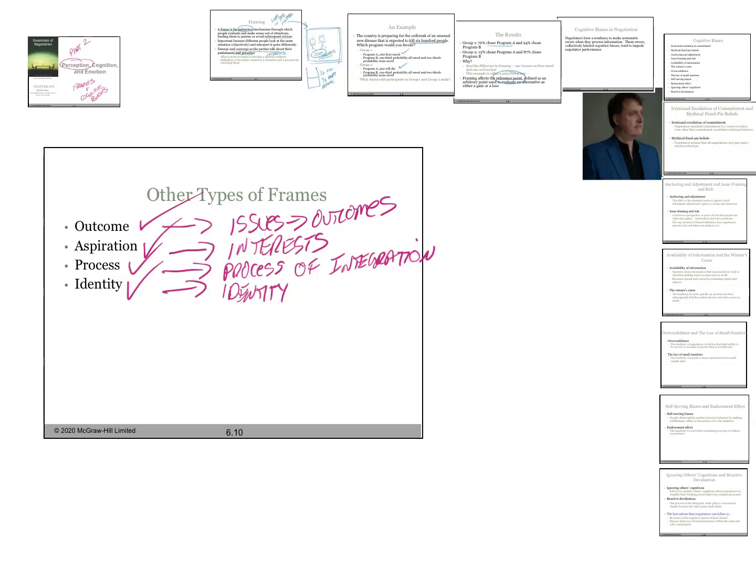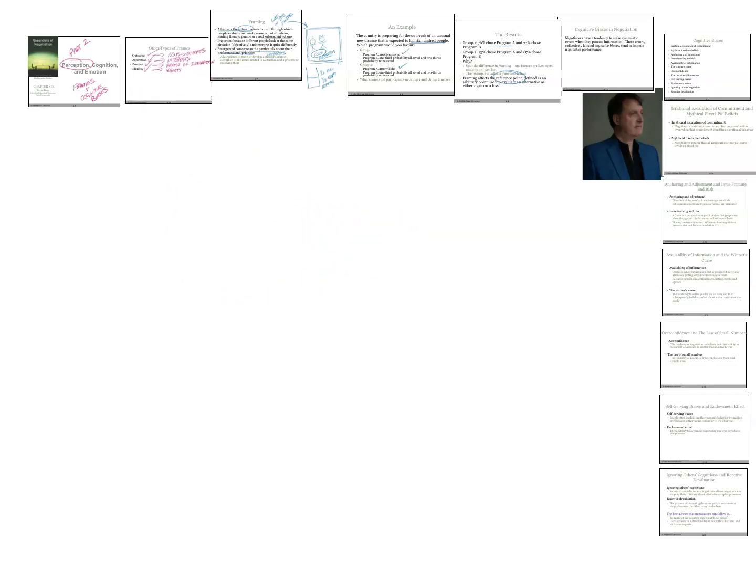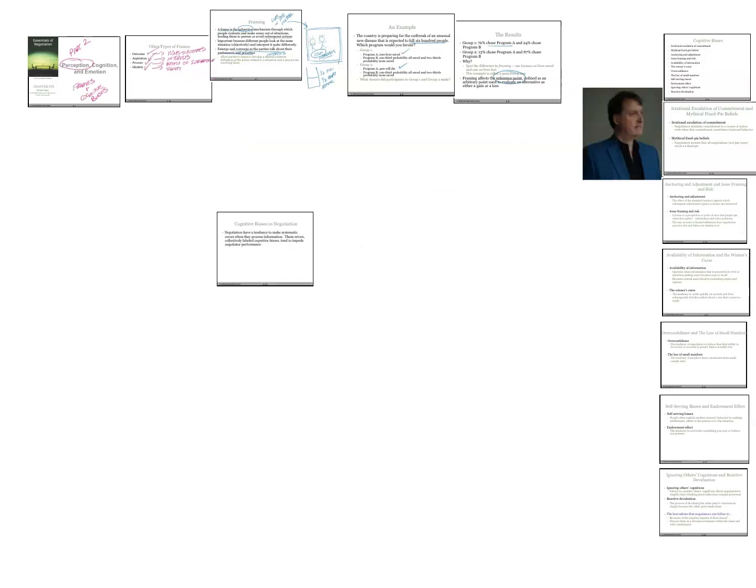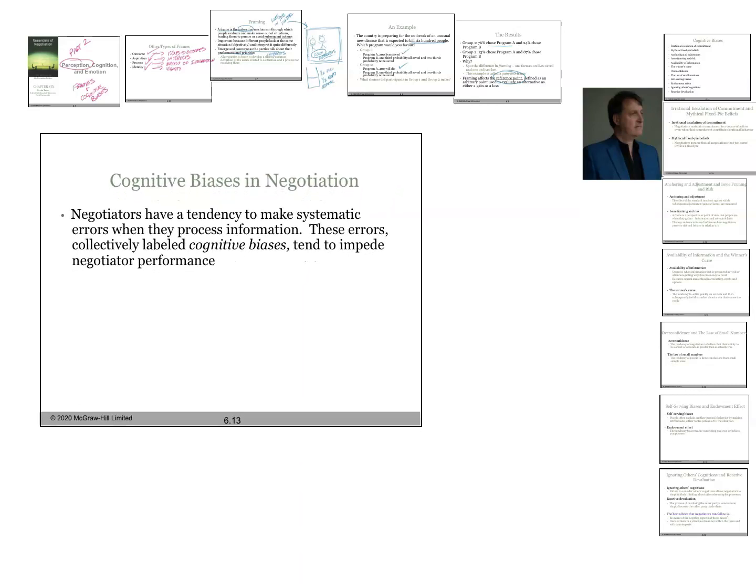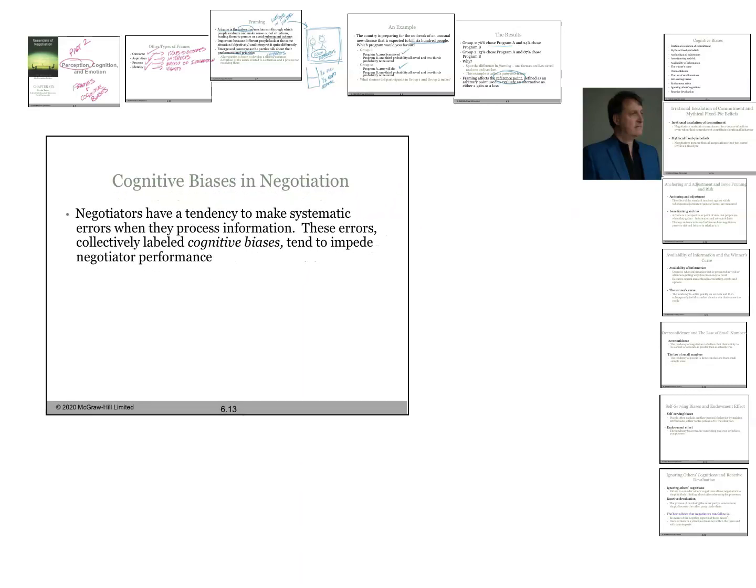So we're going to make a shift now and discuss the 12 cognitive biases in negotiation. These biases are really important to understand. In part 1, we discussed the 4 main perceptual errors and how they live in our perceptual filter.